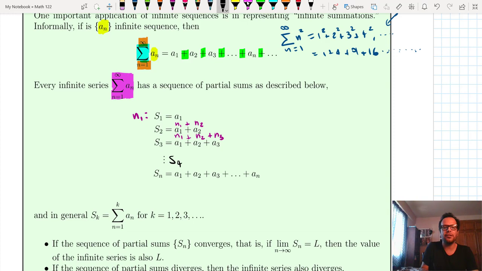The fourth partial sum will be the first term plus the second term plus the third term plus the fourth term, and so on, and then the fifth term, the sixth, the seventh, the eighth, and we will add these partial sums. Okay, so again, how do we get this? By plugging in n equals 1, n equals 2, n equals 3, and n equals 4. And we get this by plugging in the nth term. Okay?